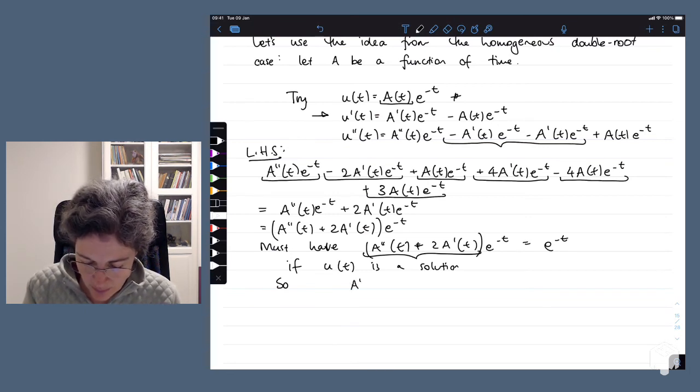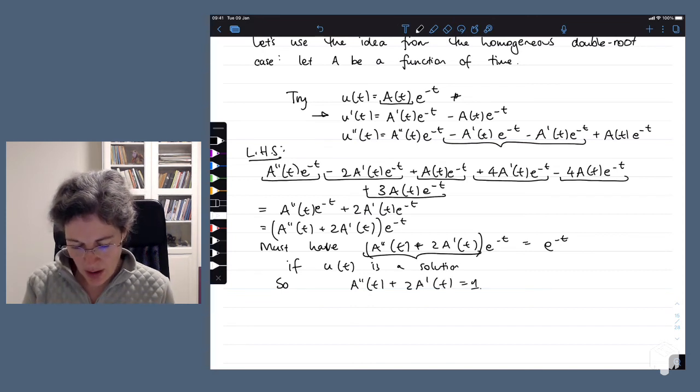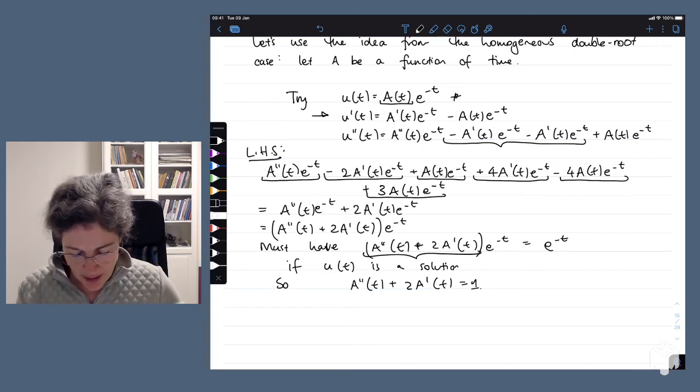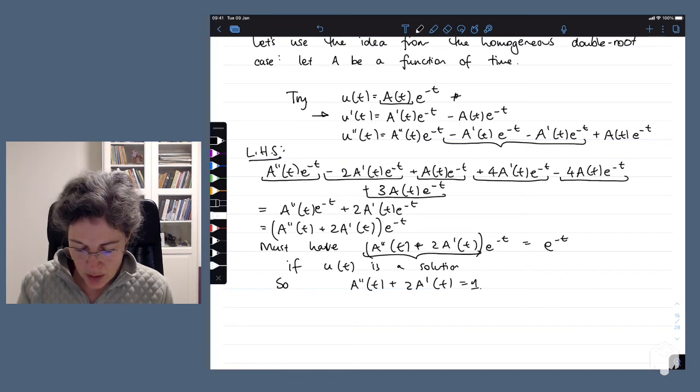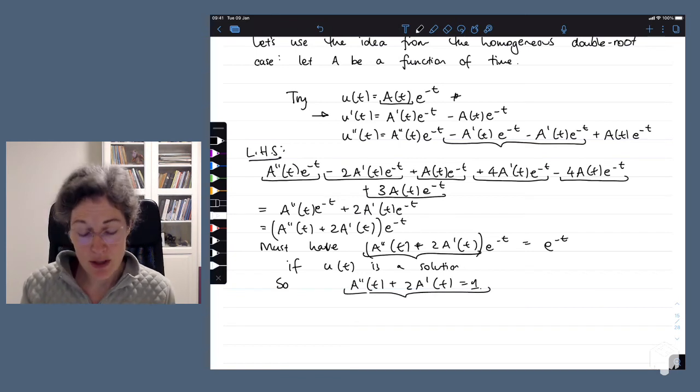So we must have a double prime of t plus 2 a prime of t equal to 1, and so finally we can solve this differential equation for our a of t, but that's quite a lot simpler than anything that we've had up to now.